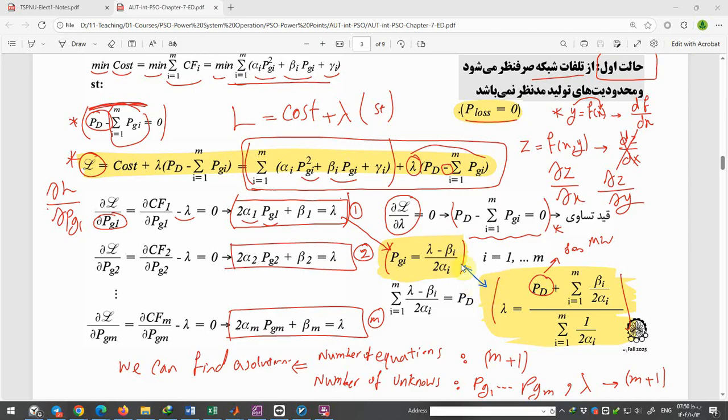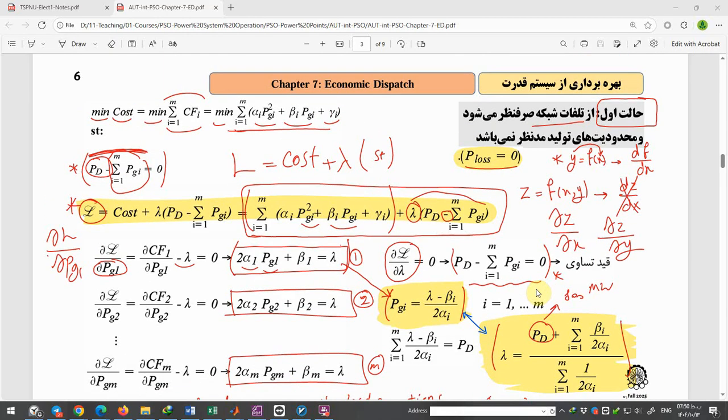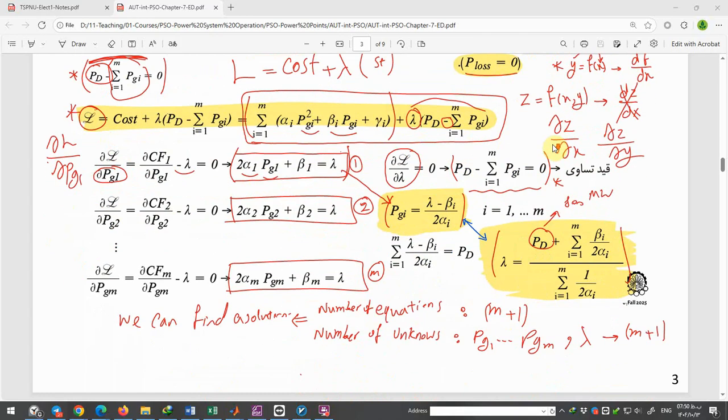And after some mathematical exercise, we have lambda given by these equations. These equations are only used for scenario number 1, where the loss of the network is ignored and we don't consider any limitation of generation.